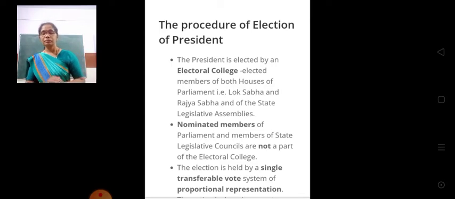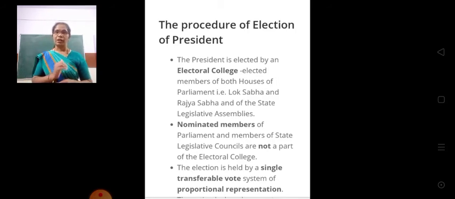The President is the elected head of state of the Indian Republic. Our President Sri Ramnath Kovind is the elected head of state of the Indian Republic. Let us see how elections are conducted.